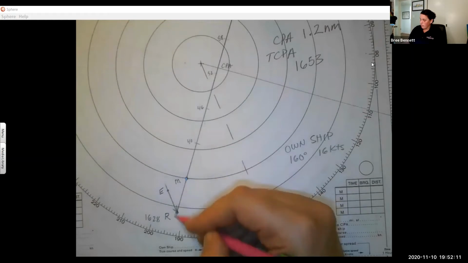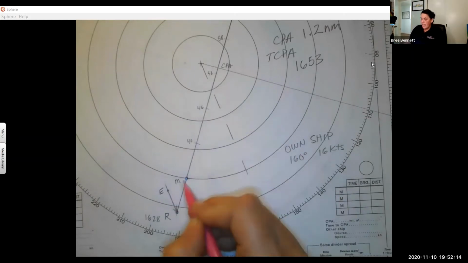R to M is the relative motion line. E to M is them.